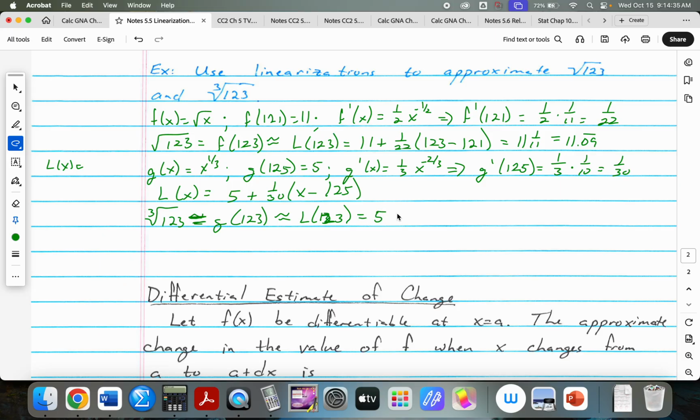And that's going to be equal to 5 plus 1/30 times 123 minus 125. That'll be a negative 2, so that's negative 1/15, so that'll be 4 and 14/15.